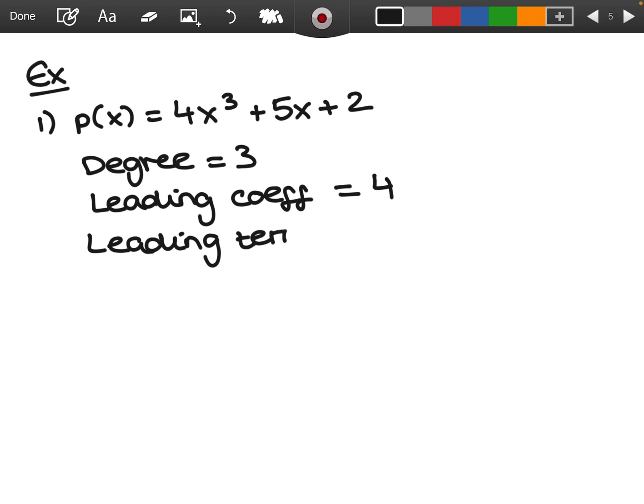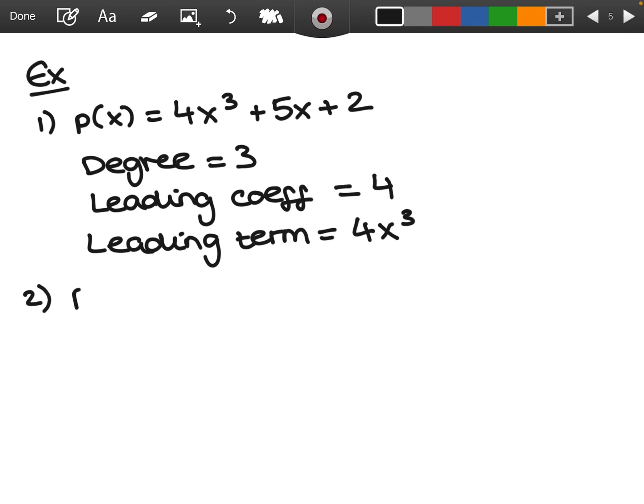And my leading term would be the whole term that contains that highest power of x, which would be 4x cubed. We're actually going to use that leading term to tell us what happens as x goes towards infinity, x goes towards negative infinity, looking at that end behaviour for our graphs towards the end of our polynomial chapter.